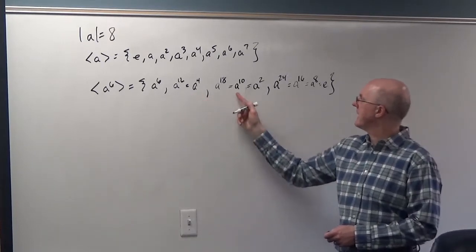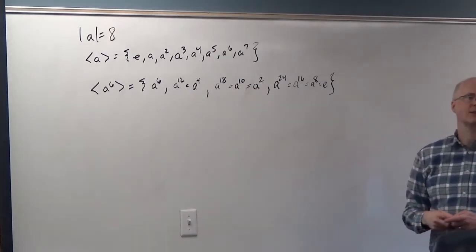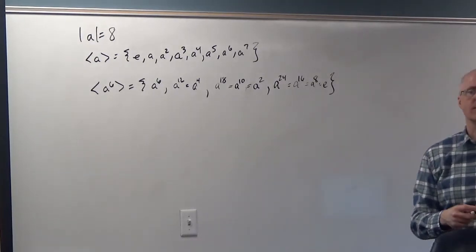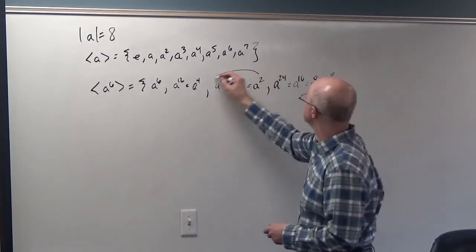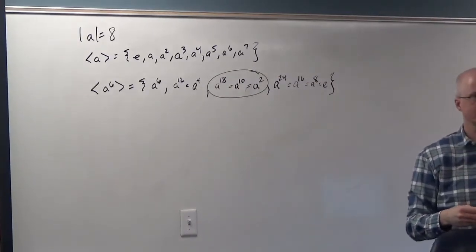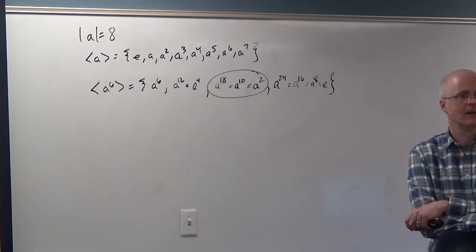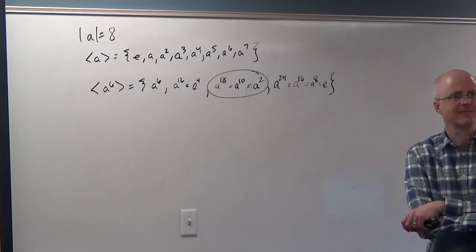What do you notice about the relationships between the powers here? What would be a fact you could write down relating things where the elements are equal but you have different powers? Or maybe you remember from the reading. In relationship to 8.